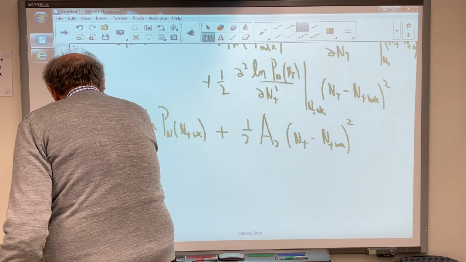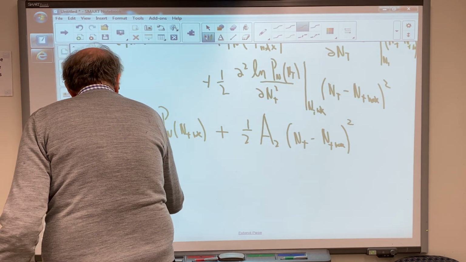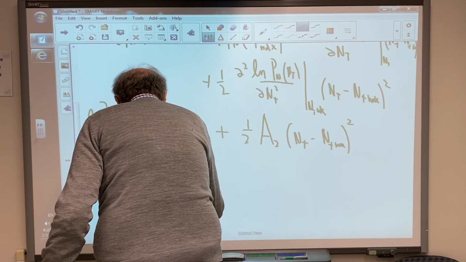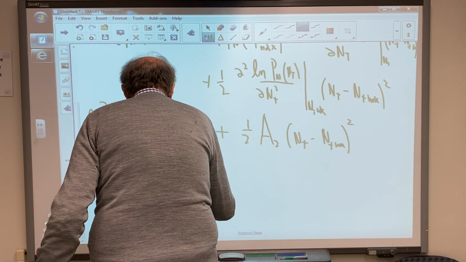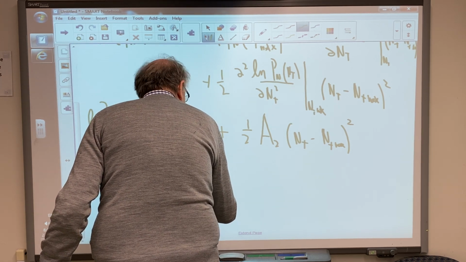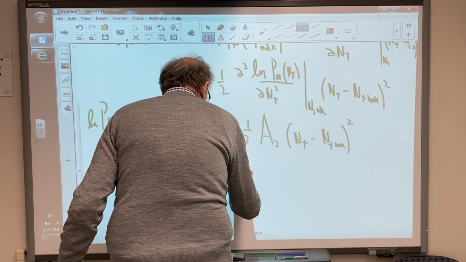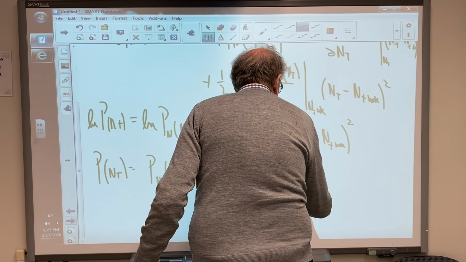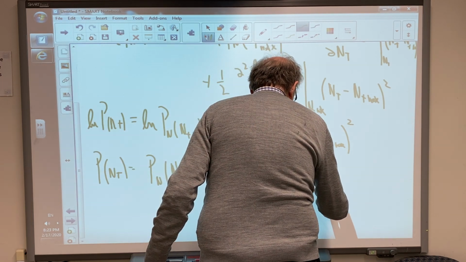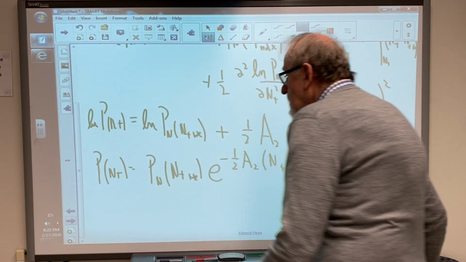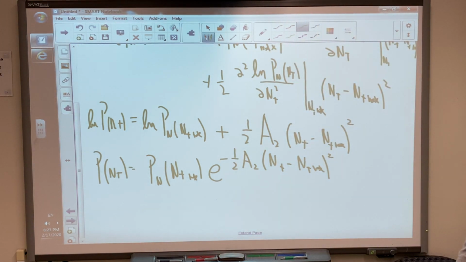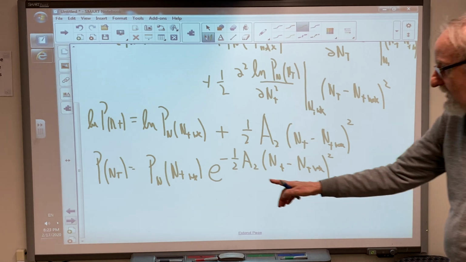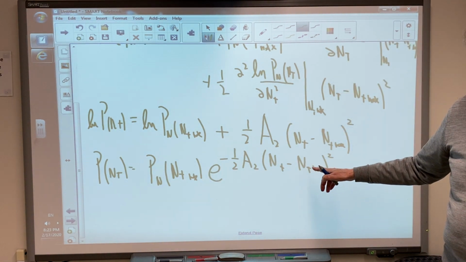So P of n plus will be what? The exponential of this is P evaluated at n plus maximum times e to the 1/2 a2 n plus minus n plus maximum squared. So any expansion of a function around the maximum, if you do it in second order, will have to take this shape.